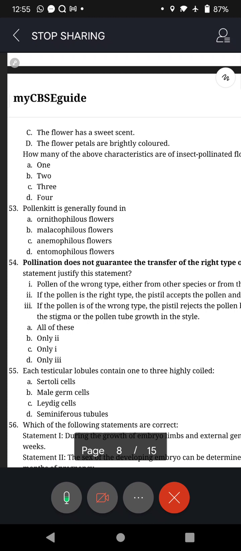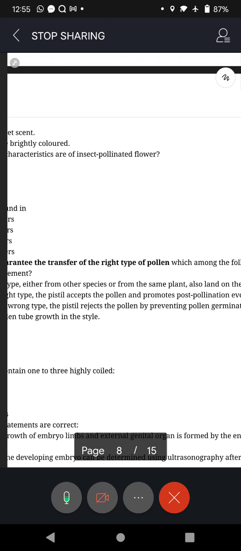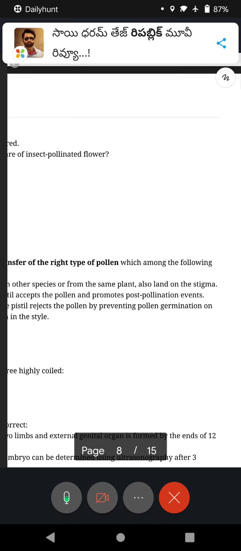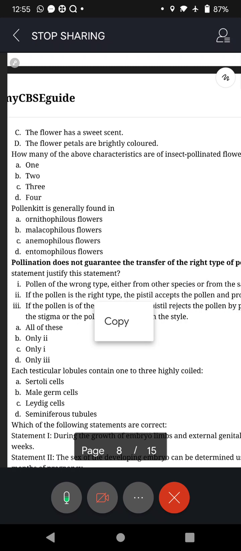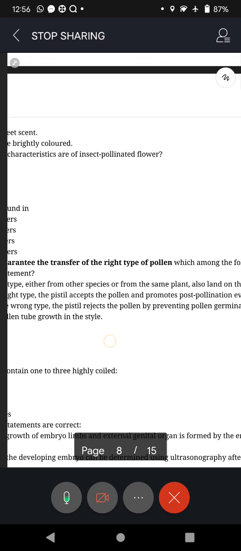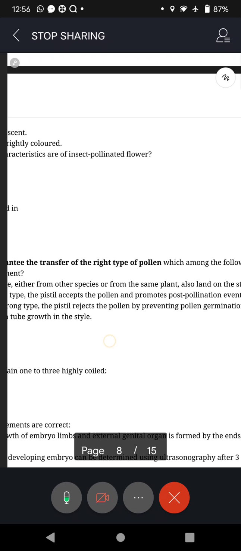Pollination does not guarantee the transfer of right type of pollen. Which among the following statements justify this statement? So we have got choices, three. First one, pollen of the wrong type, either from other species or from the same plant, also land on the stigma. Okay.